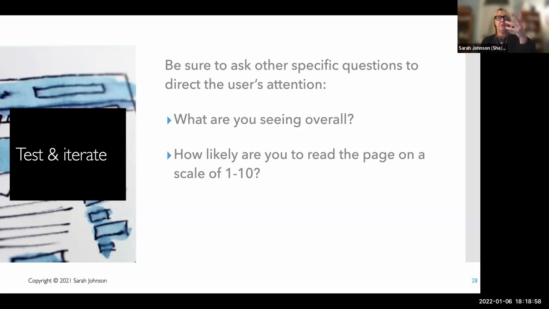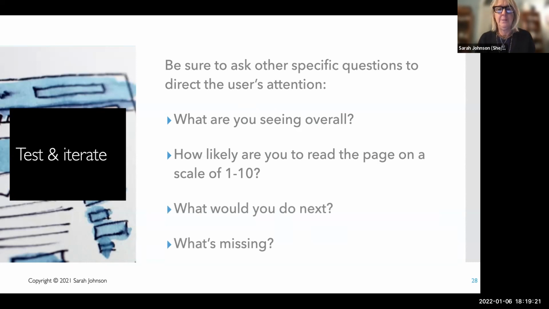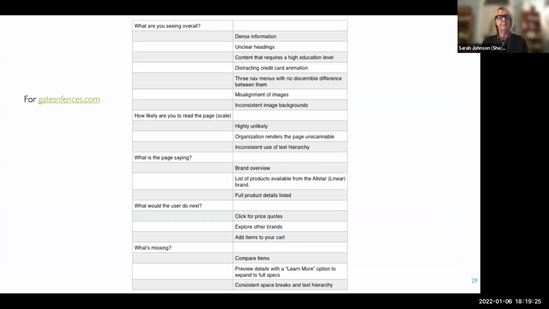And you can think about the two examples, the one from Gates and Fences that was a lot of content, and then the one that came from the sketch after doing the exercises. And then what would you do next on the page? What action would they take? And is there anything missing from the page? These are just some basic questions to get the mental ball rolling in your head.